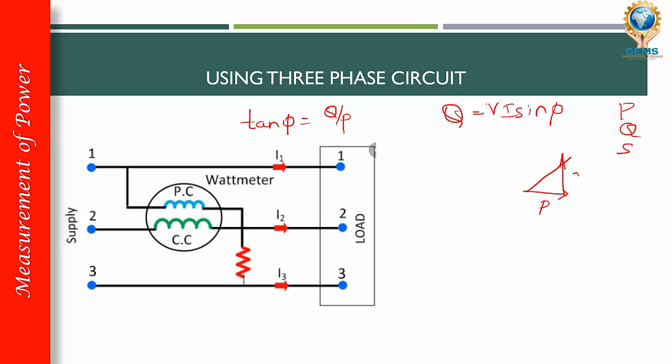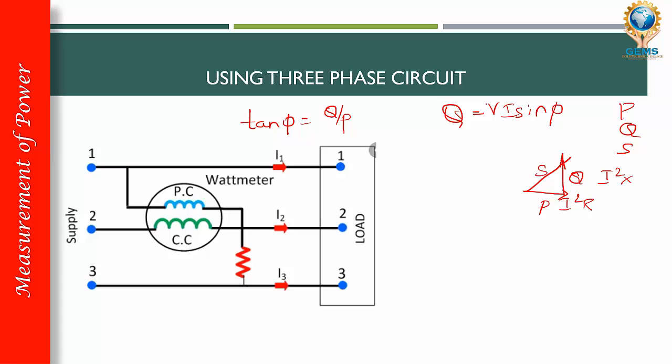So this is the reactive power, and it is given by Q, which is I square X, and active power is given by I square R.